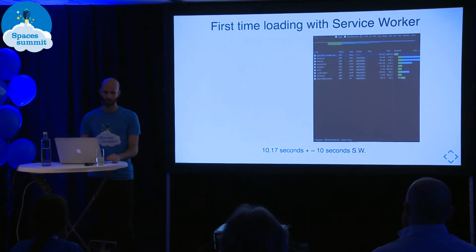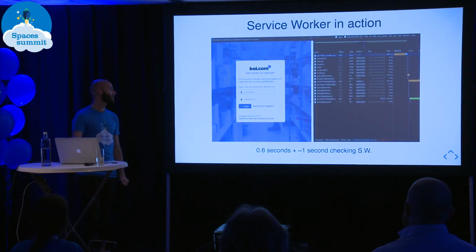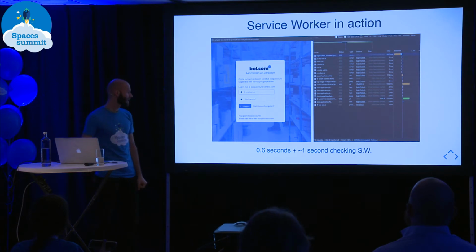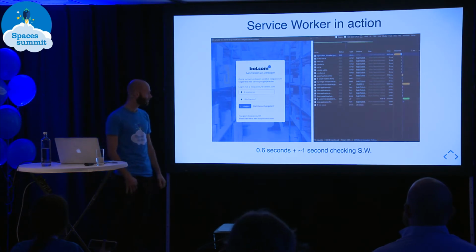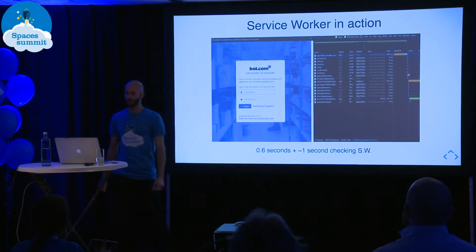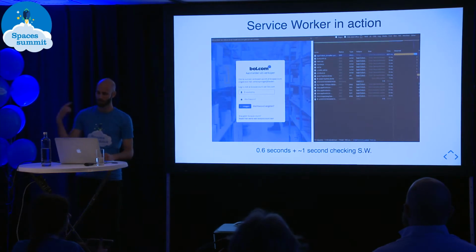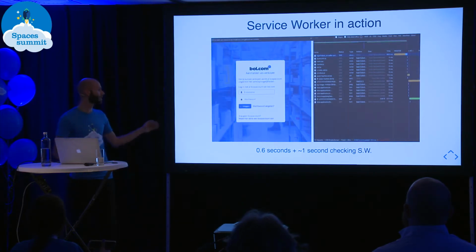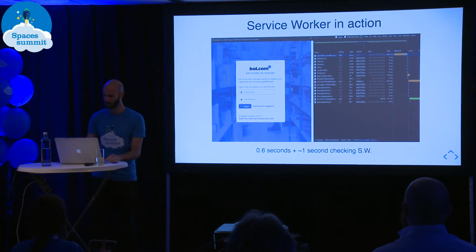So the next time the user loads this page, the first meaningful paint happens after a bit more than half a second. A second later, we see that another network request is being made. The browser itself always tries to get the freshest version of the service worker. So if you have a new cache strategy, you will delete old stuff here and get the new things.